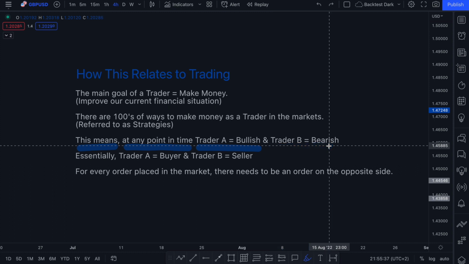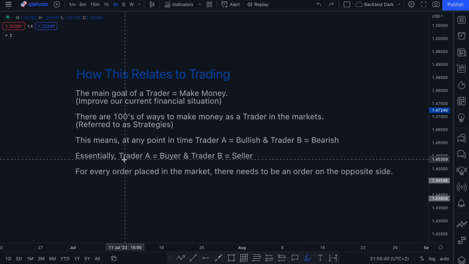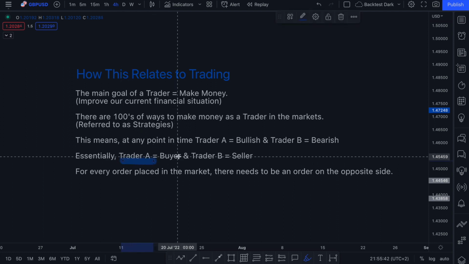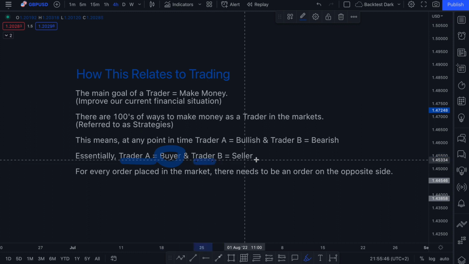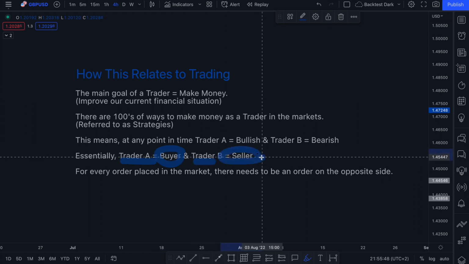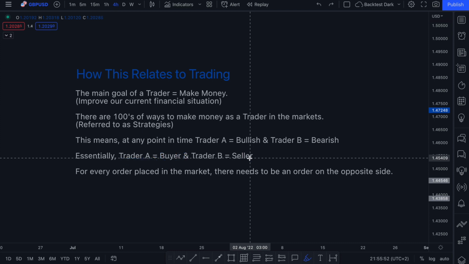Okay, what this essentially does is it turns trader A into a buyer, and then it turns trader B into a seller, right? Do you notice how we have just satisfied the relationship that exists within a marketplace?